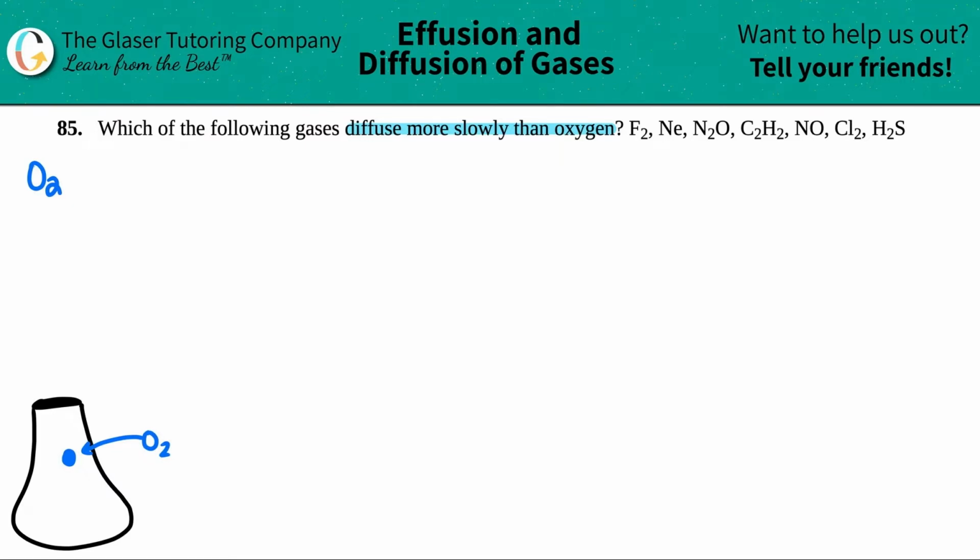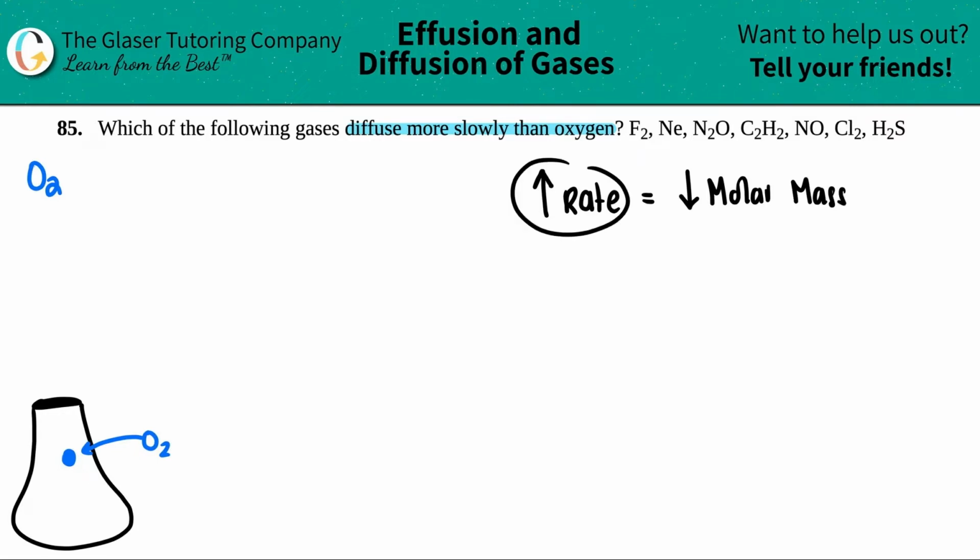But now here's the important part. In chemistry, if you want a faster rate at which your molecule or compound is traveling, that means you have to have a low molar mass.